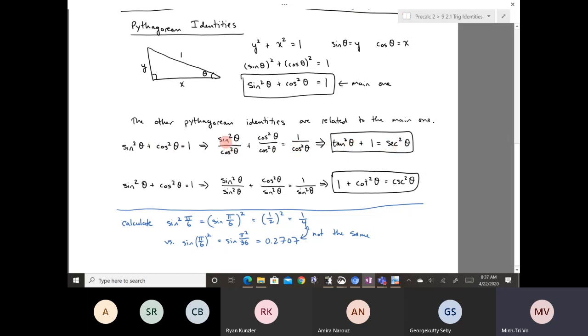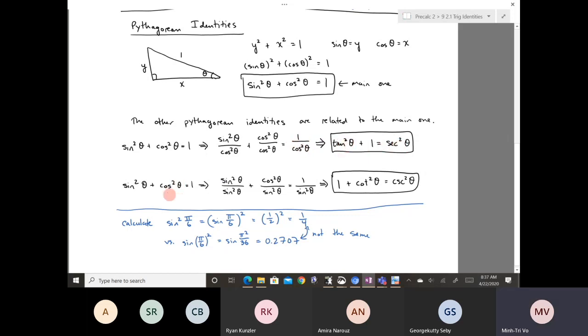Sine over cosine is the same as tangent. Cosine over cosine just cancels out because you're dividing something by itself, so that's just 1. And then 1 over cosine is the same thing as secant. So that's where this formula comes from.